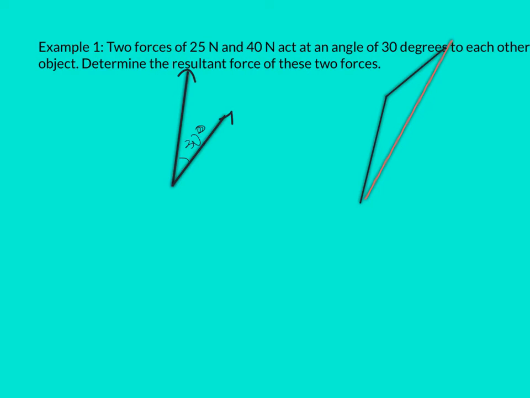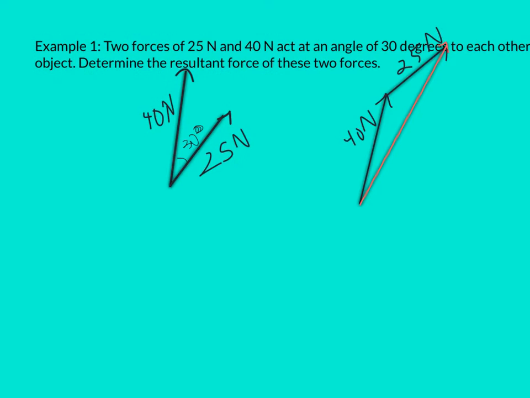And it creates our resultant vector. So we know the magnitudes of these, and we also know that this angle here will be 180 minus 30 degrees.